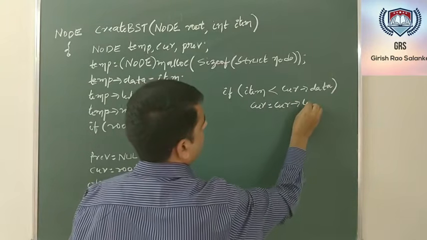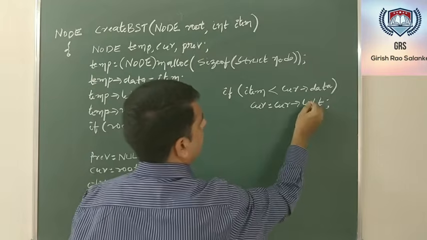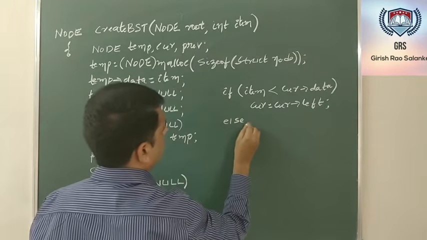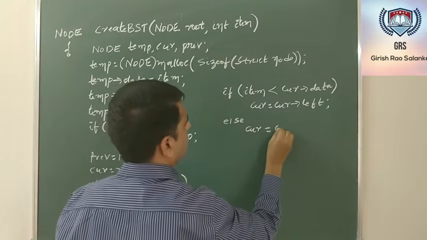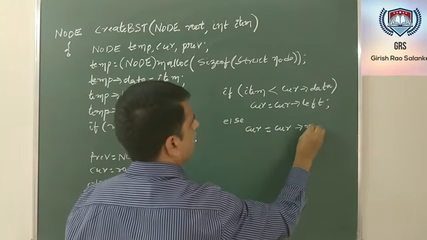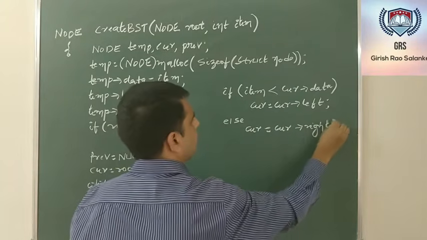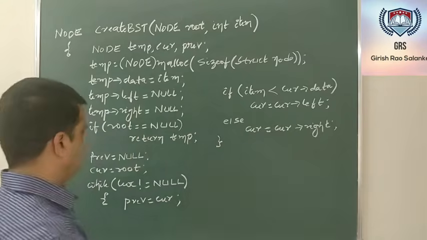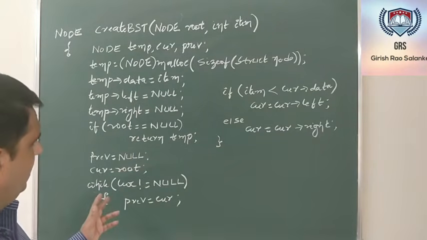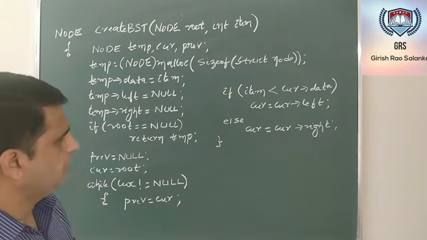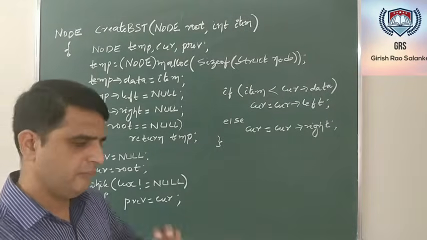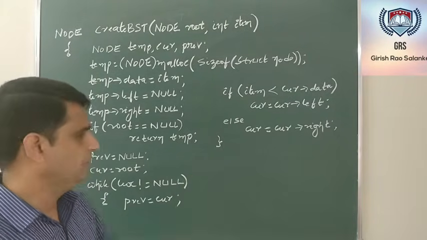Current is equal to current of left, else current is equal to current of right. Close the while statement. Now finally at the end of this while statement, current will be pointing to null and my previous of data will be the reference node.